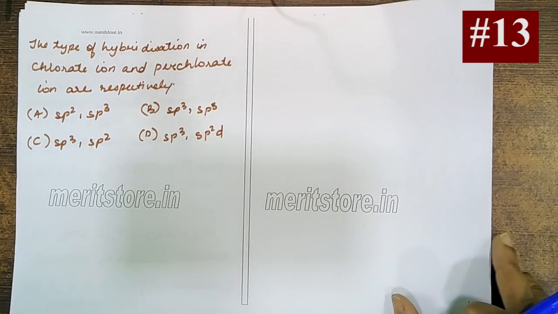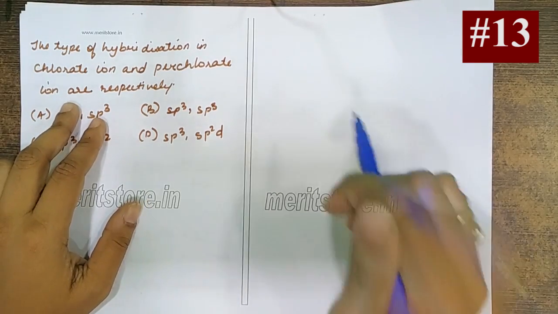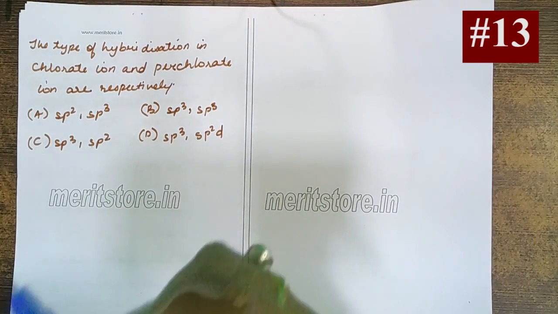The type of hybridization in chlorate ion and perchlorate ion we need to find out. To find hybridization, we need to find the number of hybrid orbitals.